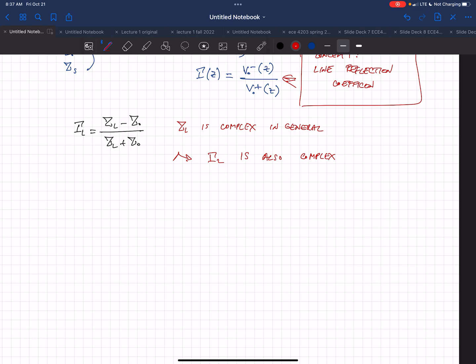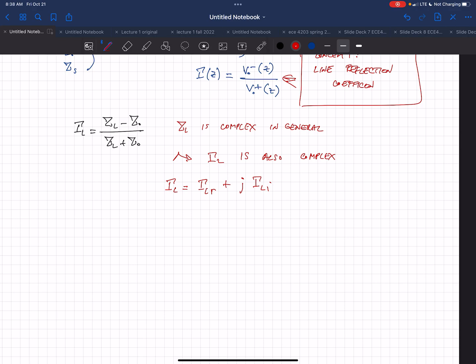So we can write gamma sub L with a real component, gamma sub L sub R for the real part, and an imaginary component, gamma sub L sub I. That's one way to write a complex number.